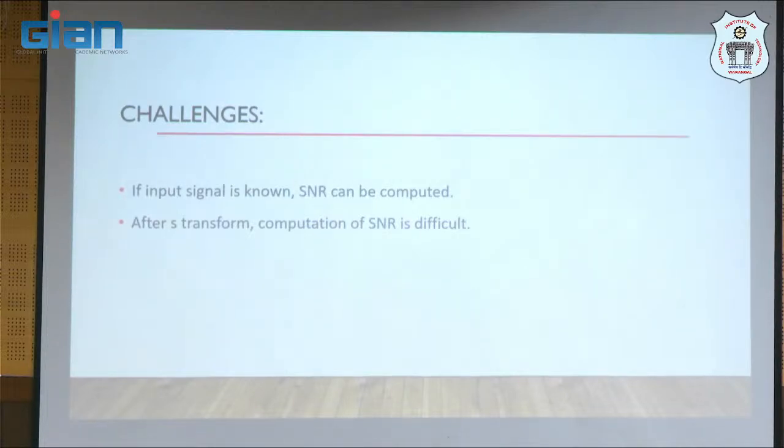I have implemented this: if visually we can identify the LFM signal and the noise, we can find the input and output SNR and compare. But if the noise is also equally high, then it is difficult to find the SNR.